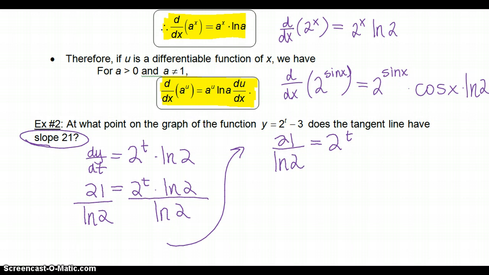The only way we can get rid of the variable in the exponent, or to be able to move the variable outside of the exponent, is to take either the log of both sides or the natural log of both sides. Does it matter which one? Are you guys okay with that? So I'll just write ln.